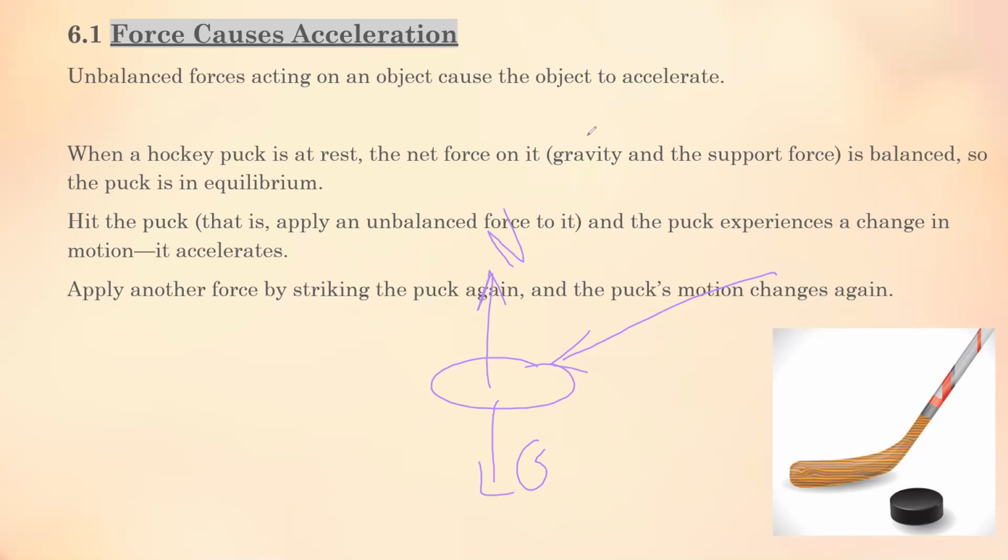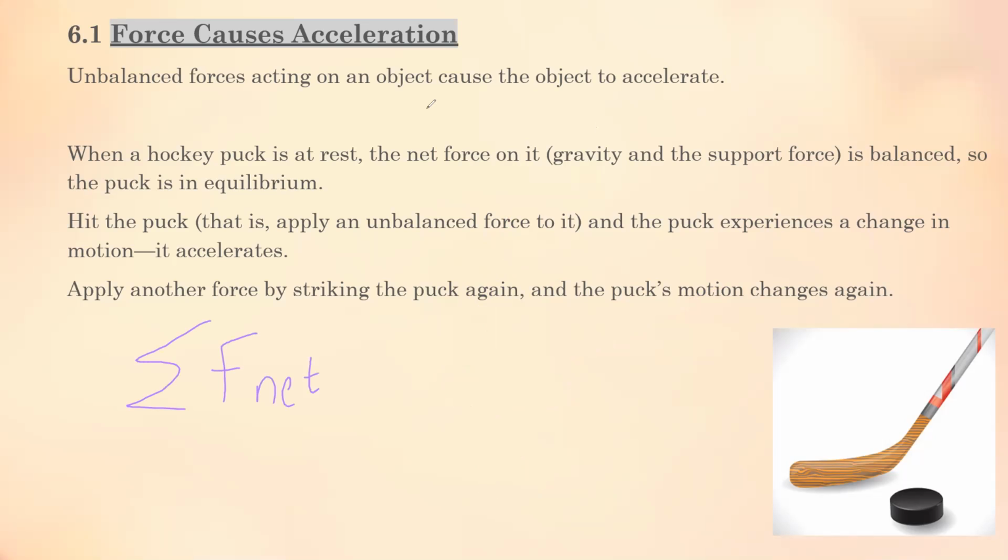Now, as you remember from our previous quiz, we said that the F net, or the resultant force, is zero. Why? Because the balanced forces acting on it from the right and from the left are equal. In this chapter, we will say that the net force, because the object is moving, is not zero. You have unbalanced force. You will say that it's the product of the mass times the acceleration.